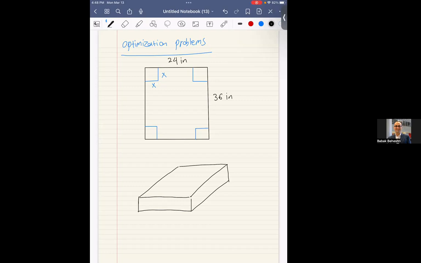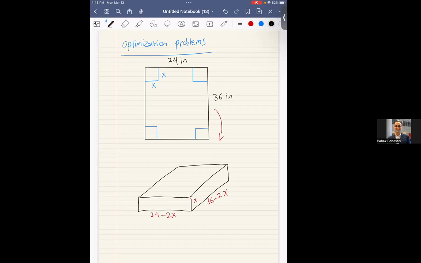So once you fold it, what is the height of this box? The height would be x, right? So one side is 36 minus 2x. The other side would be 24 minus 2x. Is that clear? Now, what is the volume of this?